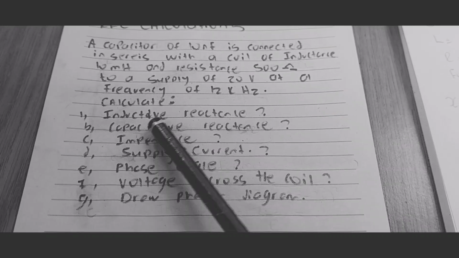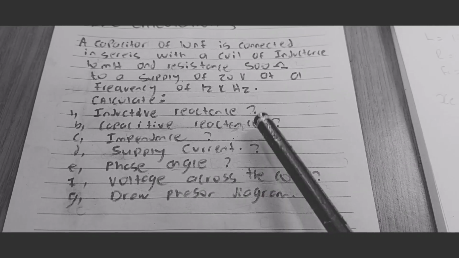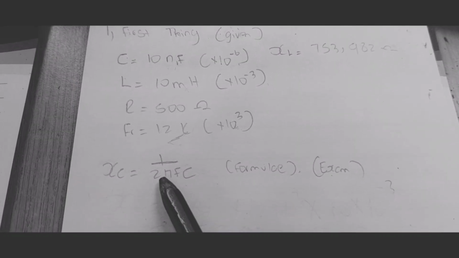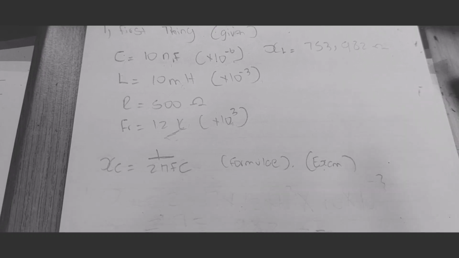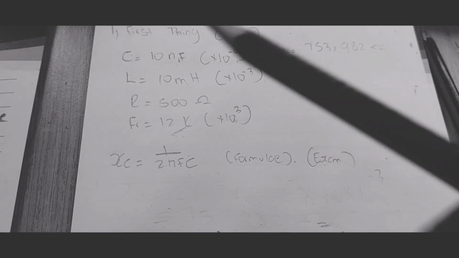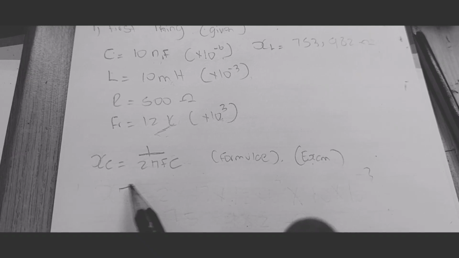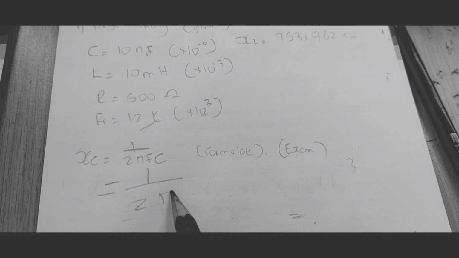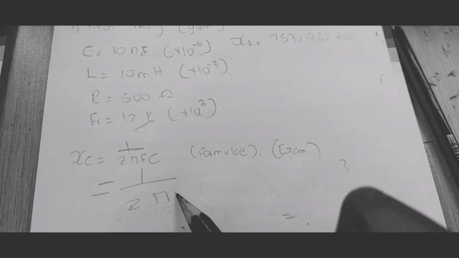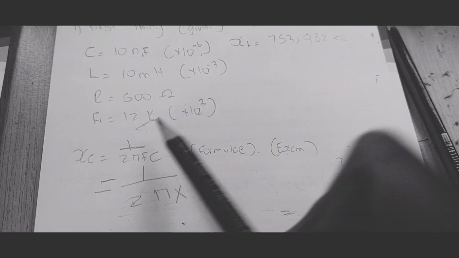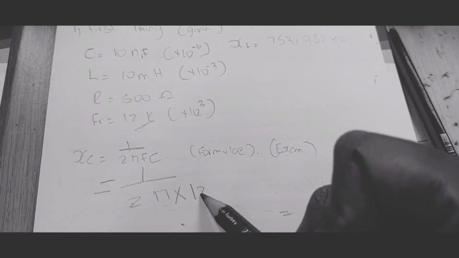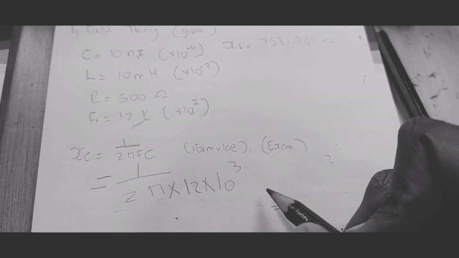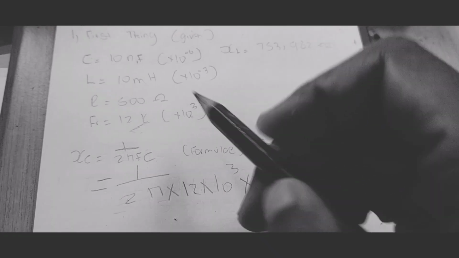And question number 2, they want us to calculate the capacitive reactance, in which the formula is also given on the exam. You just know how to apply it. So let's calculate, guys, which will be 1 over 2 times pi times frequency, in which they gave us 12k, which is 12 times 10 to the positive 3, and the capacitance of 10 n.